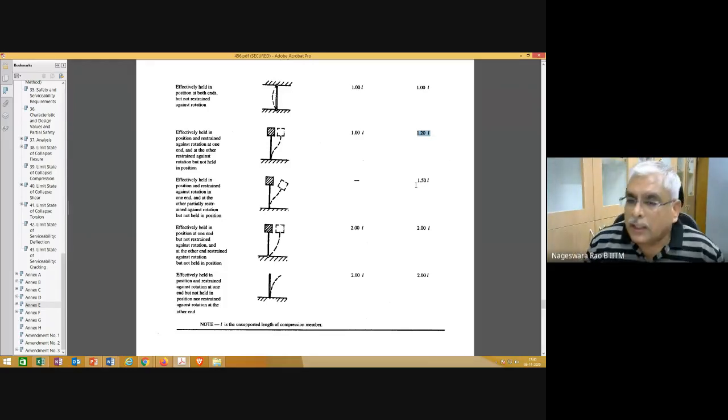So he is pointing to that. Here you can see the effective length ratio is more than. Actually, this is not the effective length ratio, it is the effective length. L is the unsupported length of the compression member, multiplied by some factor. That factor is not less than 1.